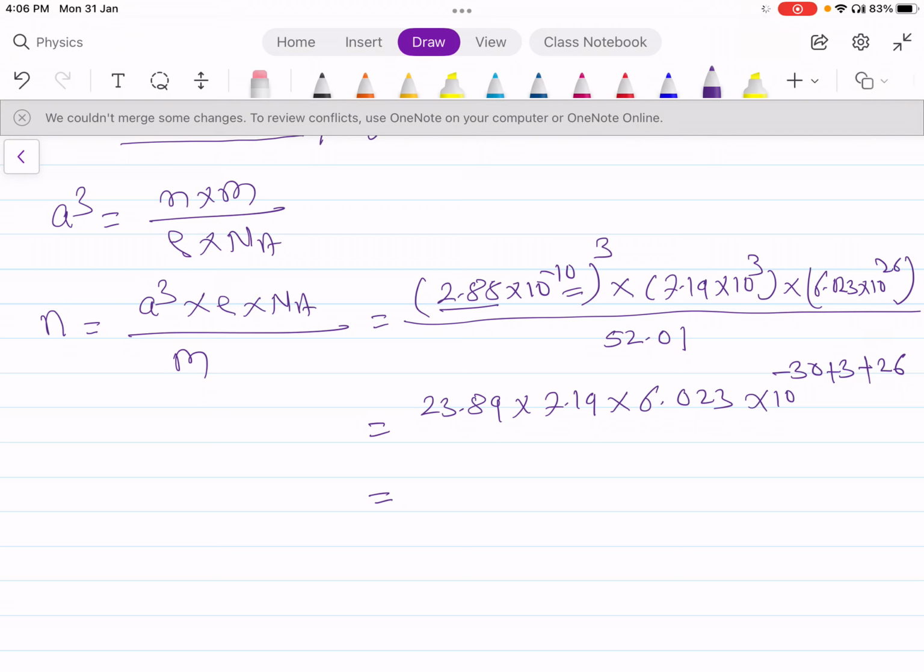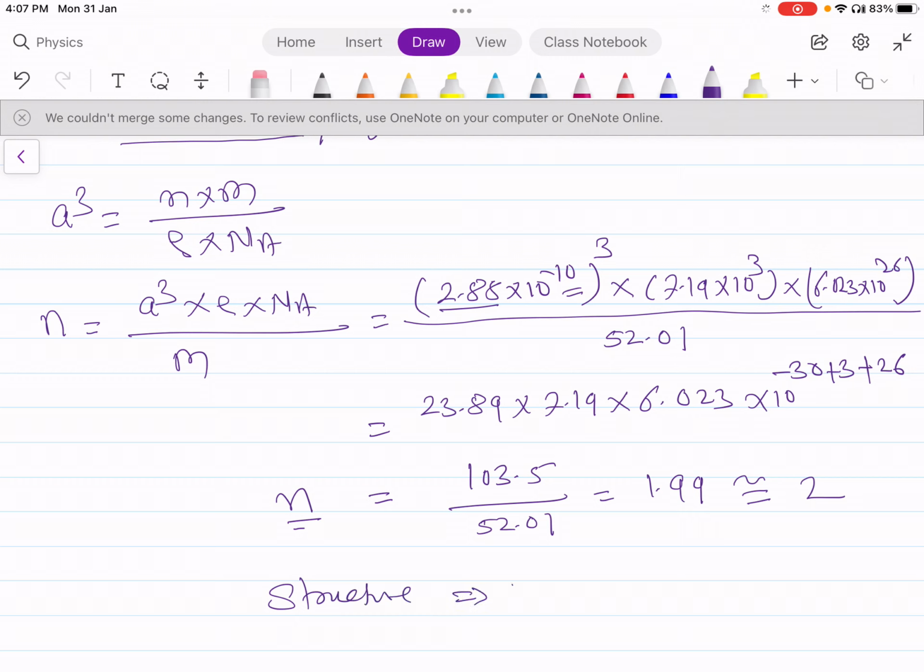So this is nothing but 103.5 divided by 52.01, which is 1.99, and that is approximately equal to 2. So we got the value of n equal to 2. So the structure is BCC. So chromium crystallizes in BCC structure. That is the answer.